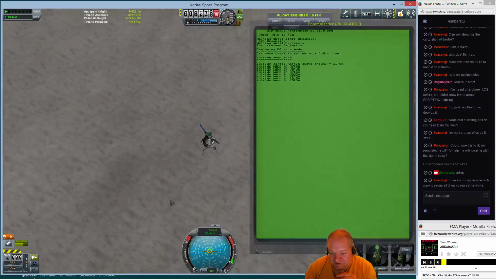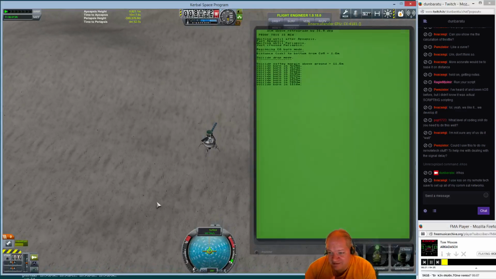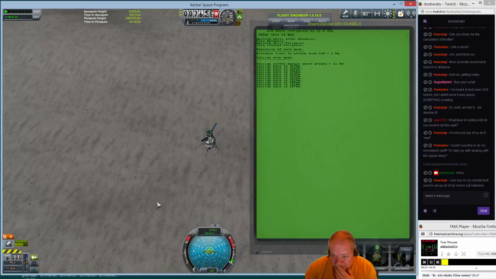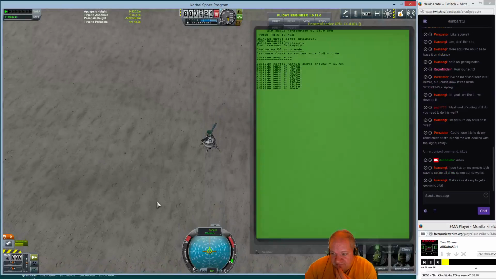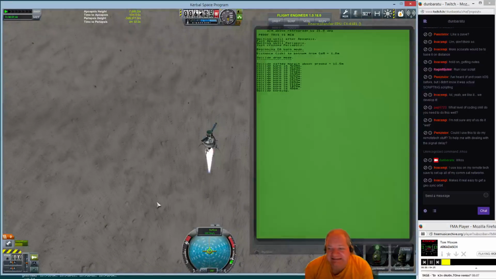Alright, this should fail just like it did before, but at least this time we should be getting printouts as it does so. Why are you not printing anything?